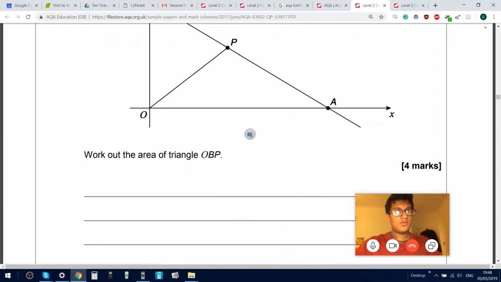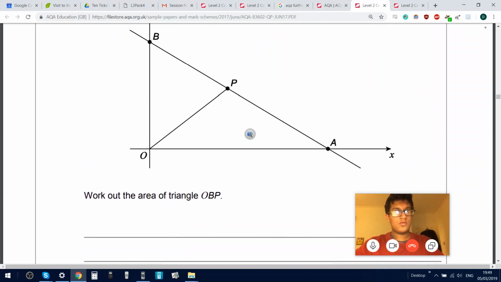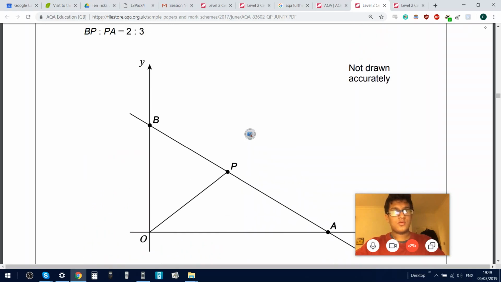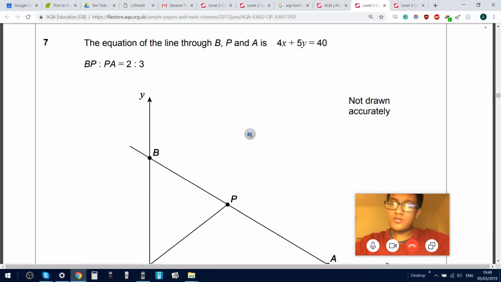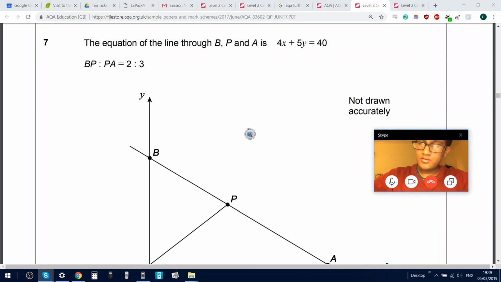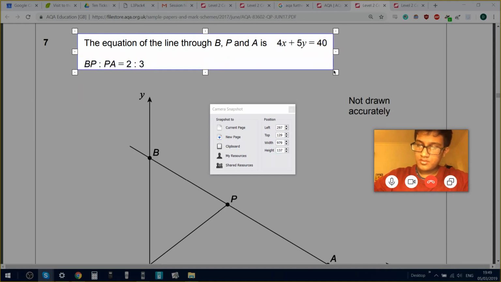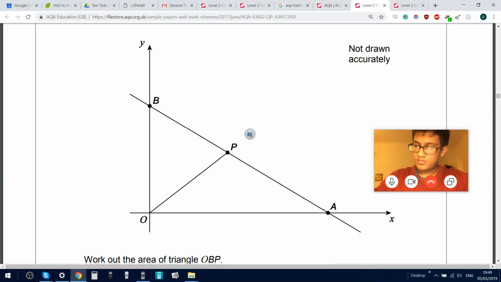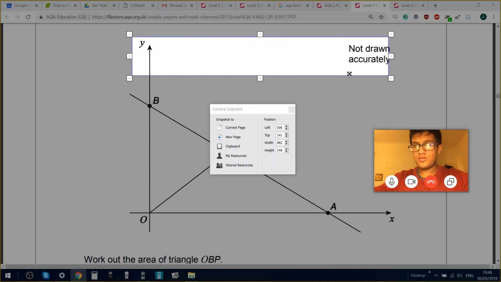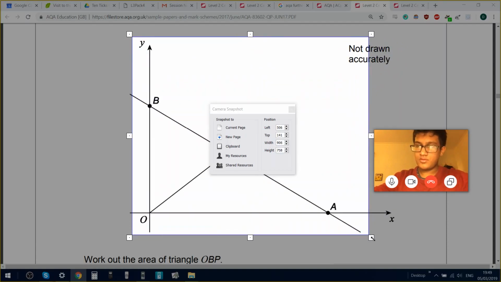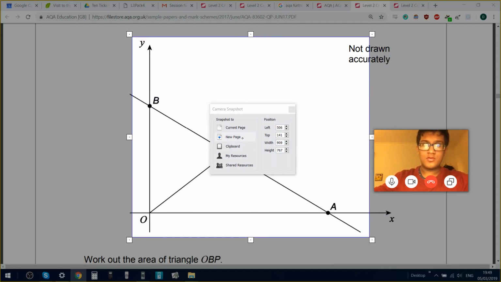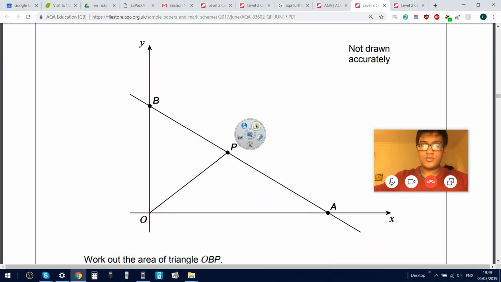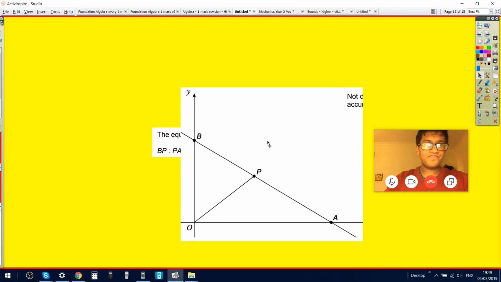That is that. Work out the area of triangle OBP. You want to try it? Yeah. Okay, so you want the area of the triangle OBP.